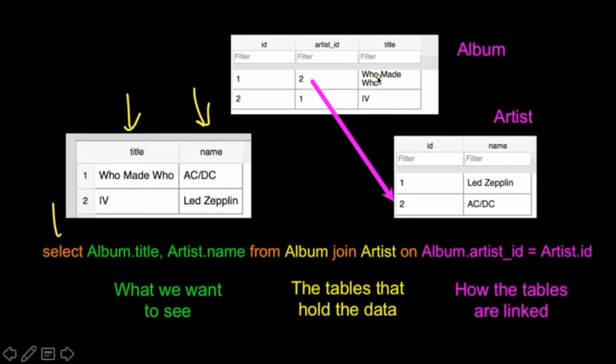Album. And I always start with where the little arrow starts from. Album joined with. So that is going to walk down this connection from album to artist. Album joined with artist. On, and then this is the conditions upon which that join is going to happen. When the album's artist ID, which is this column here, matches, think of that as is equal to or matches the artist's ID.